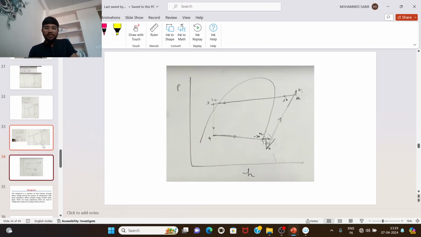Basically, the refrigerant comes from a state having a low temperature. When it interacts with the ambient temperature, it gains heat and goes to state 1, and then the pressure friction loss will be there, 1a to 2, an intermediate state, and then to the next stage.